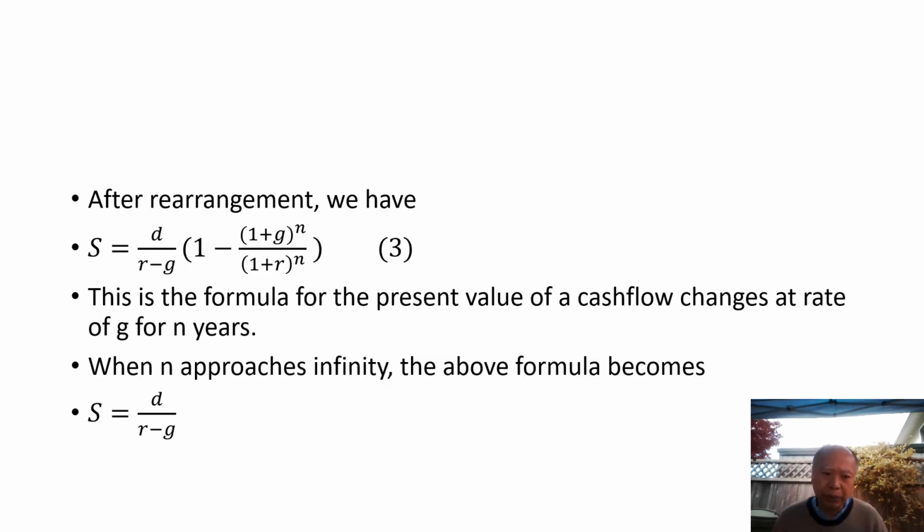After rearrangement, we have the equation 3. This is the formula for the present value of a cash flow change at the rate of g for n years. When n approaches infinity, the above formula becomes S equal to d over r minus g.